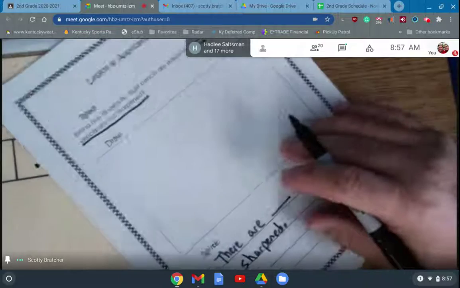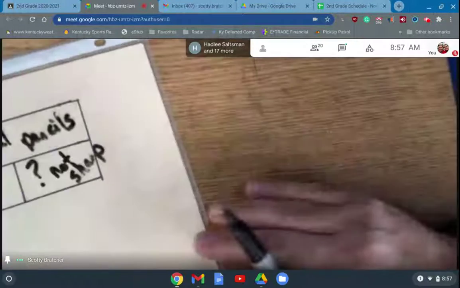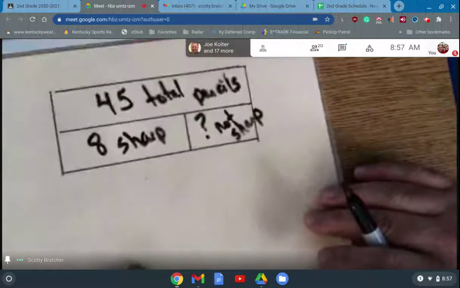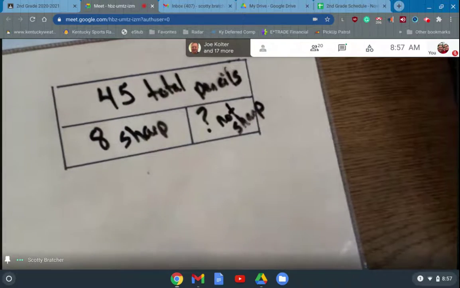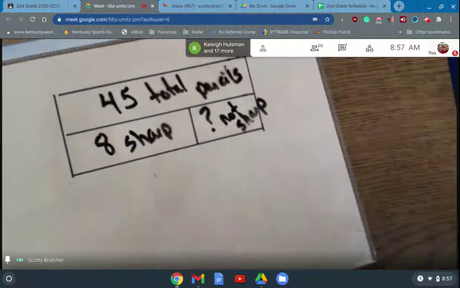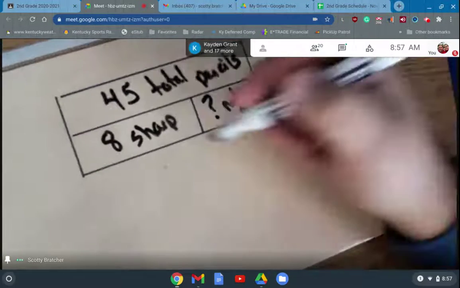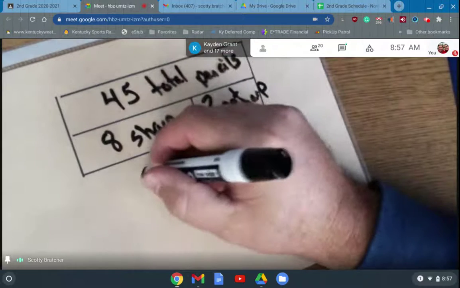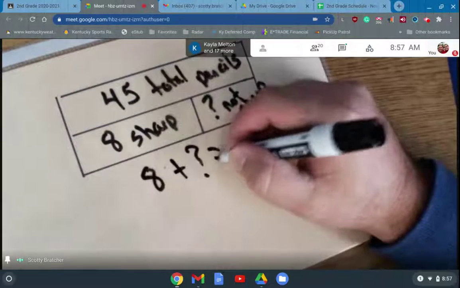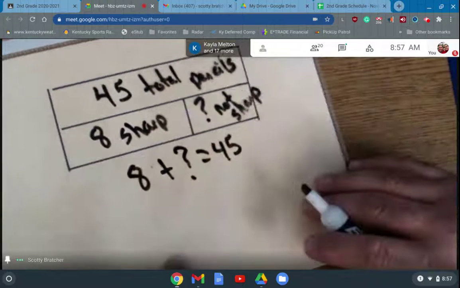All right. So now we can go back. And we got like 3 minutes left. So I'm going to go ahead and solve this problem really quick. Okay? So if I put these two together to give me that, I get 8 plus a question mark equals 45.